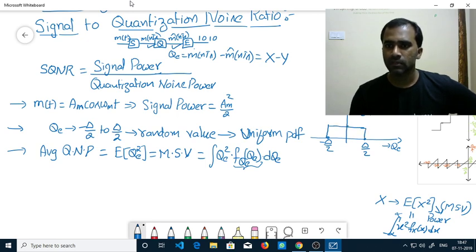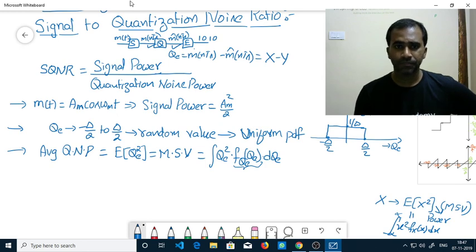The height should be 1 by delta, because this is a PDF and the area of a PDF should be 1. When we say uniform PDF, it means whatever values quantization error takes, all those values have the same probability. Right, now we know the PDF.